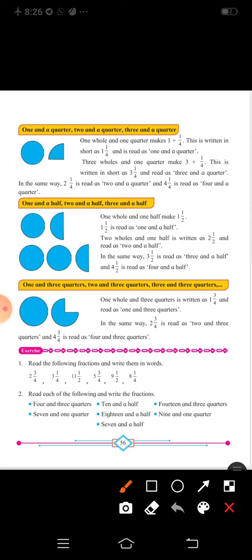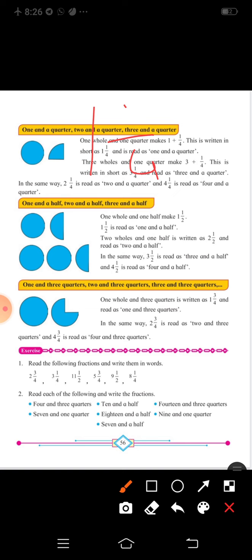Okay. Now 1 and a quarter. 1 whole and 1 quarter means 1 plus 1 upon 4. Correct students? Yes na? 1 and a quarter means 1 full and one quarter.